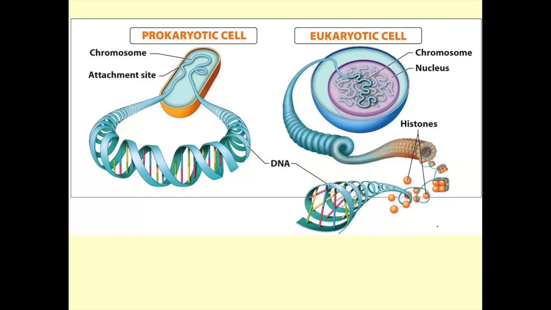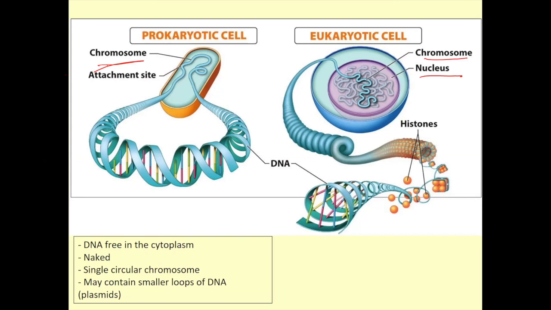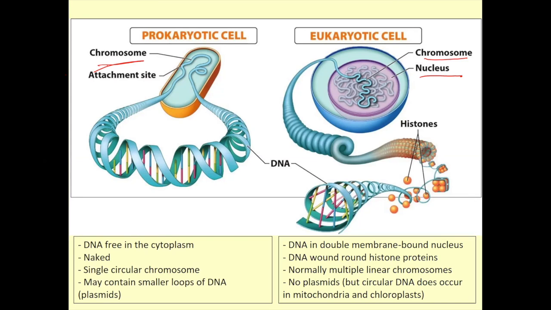It is worth pointing out here that we have a fundamental difference between prokaryotes with no nucleus and the eukaryotes, which have chromosomes and a nucleus. So the prokaryotes do not have chromosomes. Okay, so what very quickly is a chromosome? A chromosome is formed when DNA winds around histones. What's a histone?